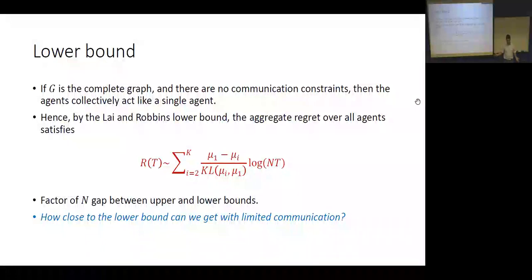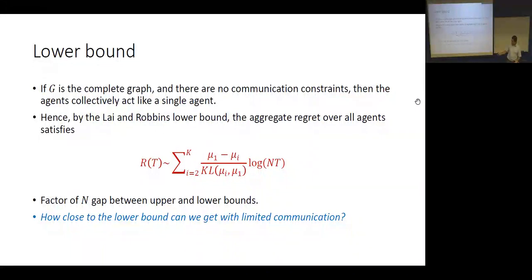Okay, and the lower bound on regret, the other extreme: let's assume there are no communication constraints, you can communicate everything. Then effectively it's like there's a single agent who has all the information. So in the first t time steps, there are n agents, so there are nt plays of arms.